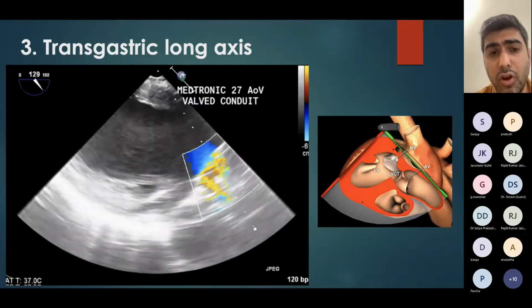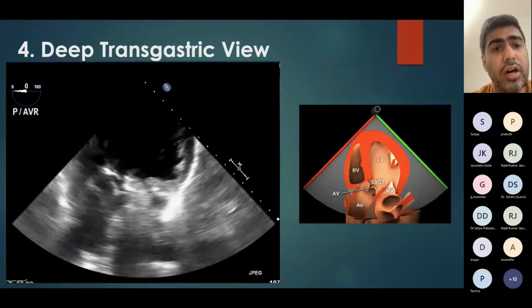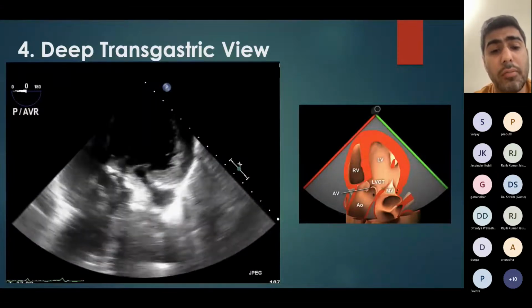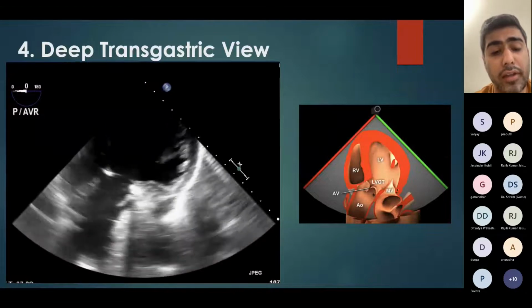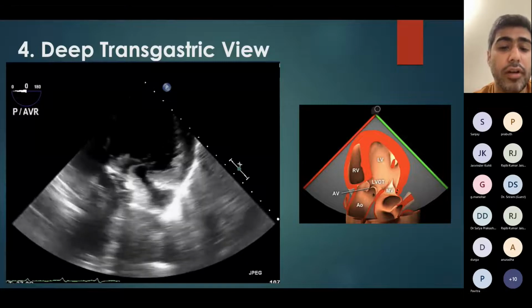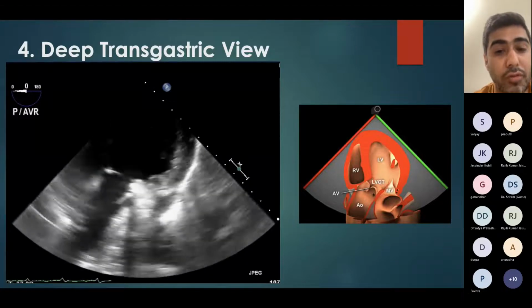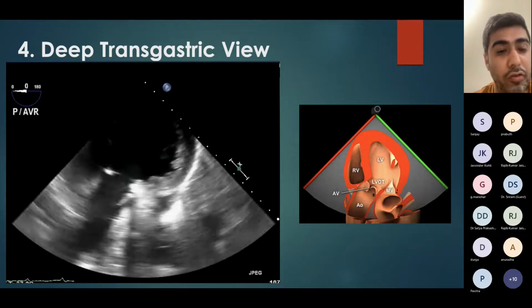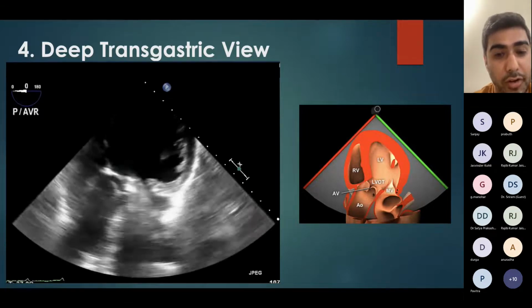We'll be discussing the Doppler assessments shortly. The deep transgastric view is another view in which the Doppler beam alignment can be easily obtained, and again the 2D morphological assessment may not be very good, but it's excellent for alignment of the beam, for assessment of the pulse wave or continuous wave Dopplers for the LVOT and the aortic valve.